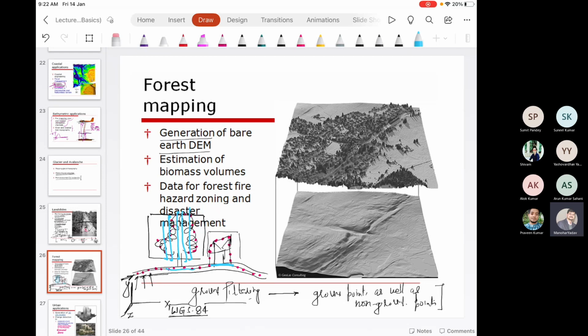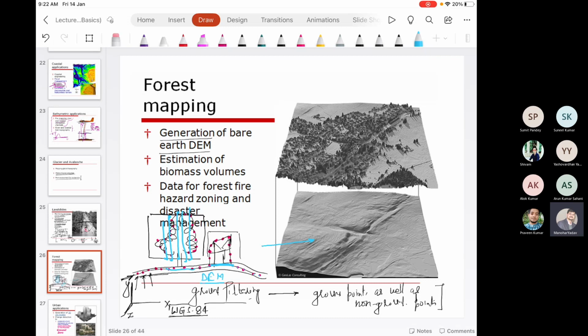But when you generate DEM, which is a kind of elevation surface, by using the existing ground points information, you can interpolate the missing area. Just see, this is the DEM surface that is generated.